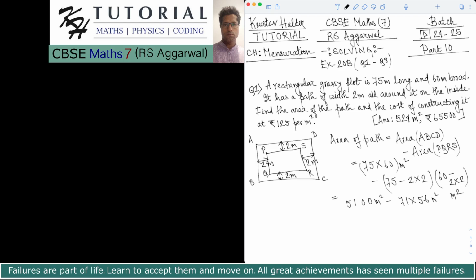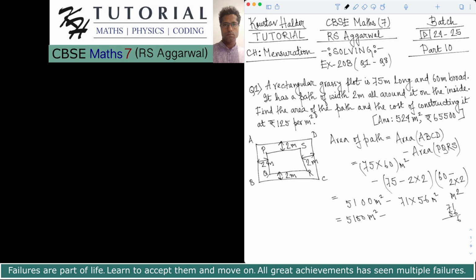So this is 5100 meter square minus how much is 71 multiplied by 56?